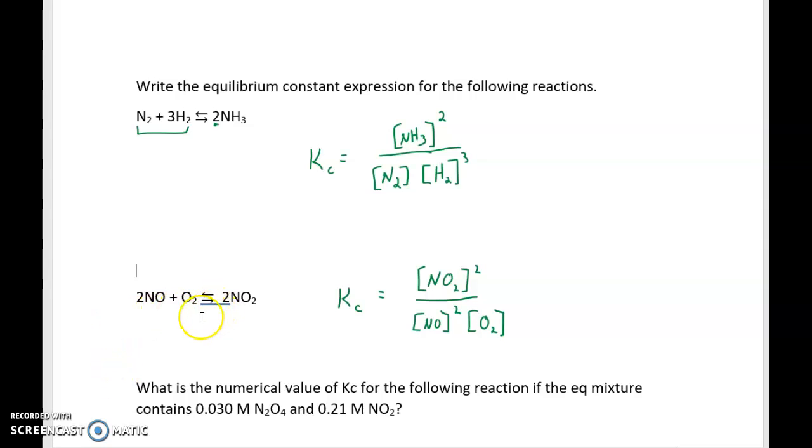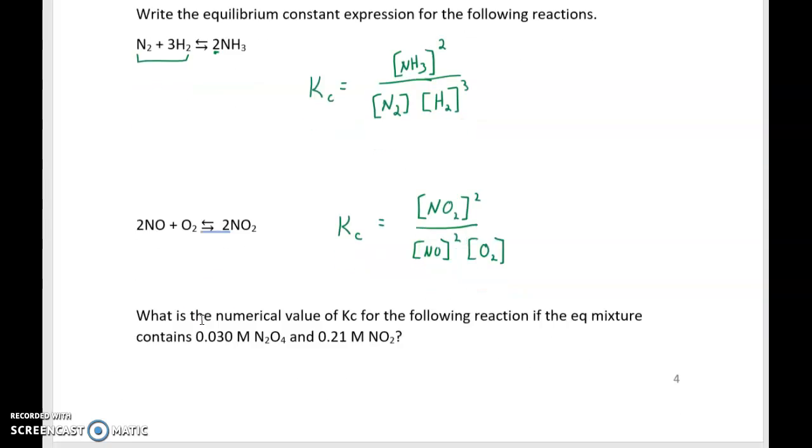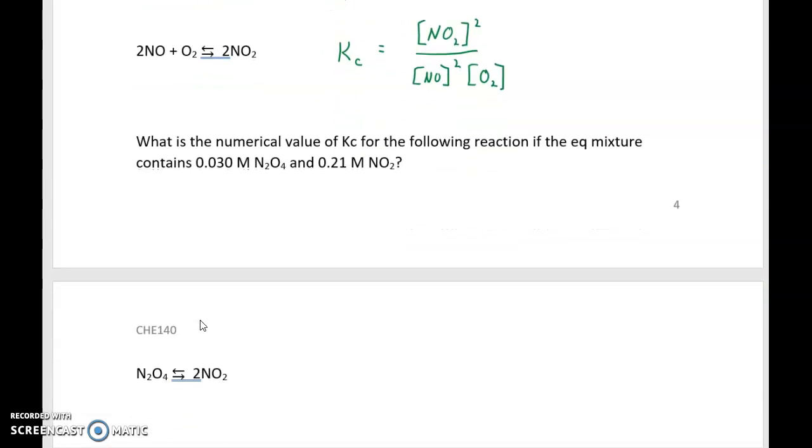So now we can write these same reactions but put numbers with them. What is the numerical value for the equilibrium constant for the following reaction if the equilibrium mixture contains N2O4, with a concentration equal to 0.030 molar, and NO2, with a concentration equal to 0.21 molar?